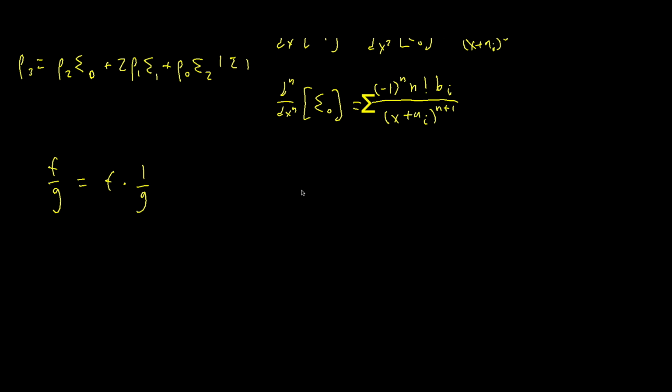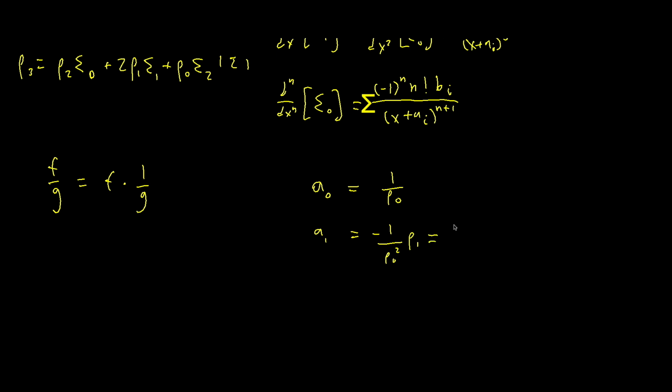So let's just call our function a. A naught would be the zeroth derivative of 1 over g, which is just 1 over p naught. A1 would be the first derivative of this, which is negative 1 over p naught squared times p1.